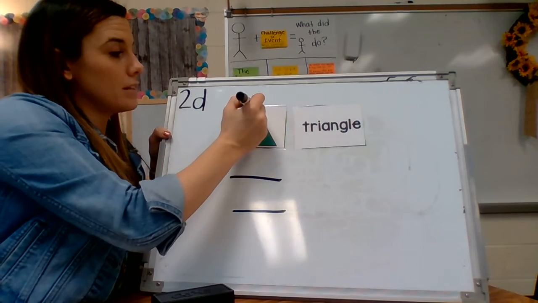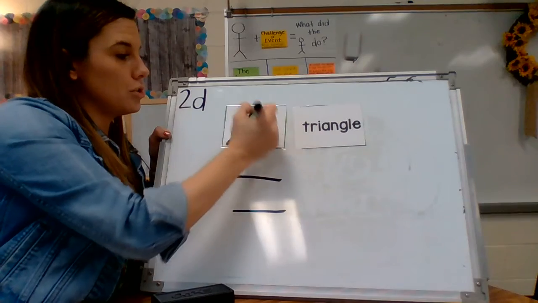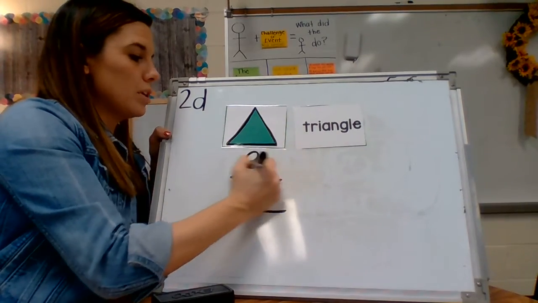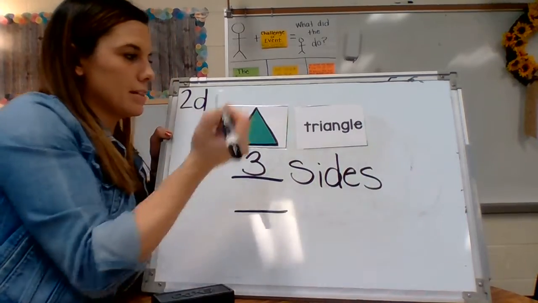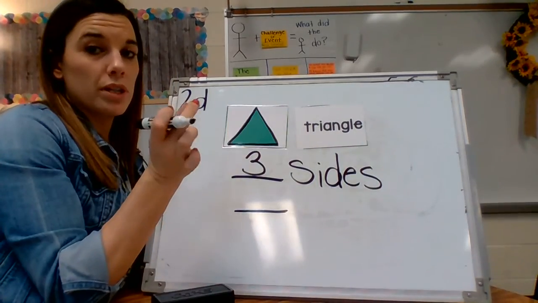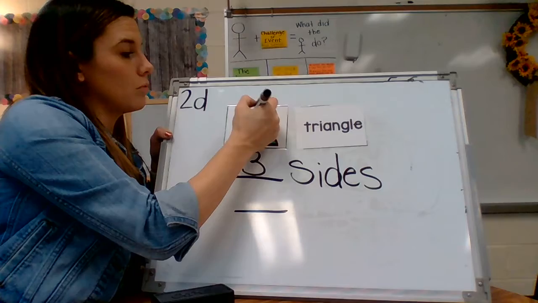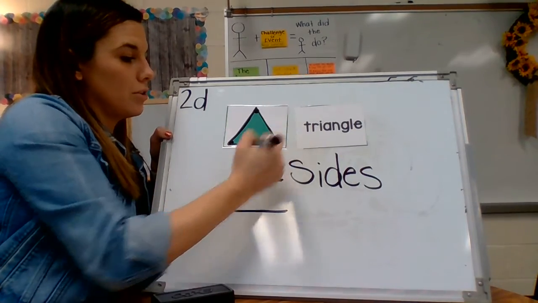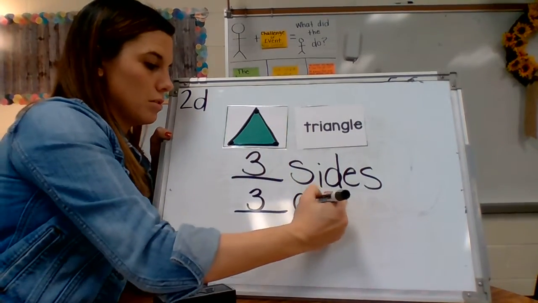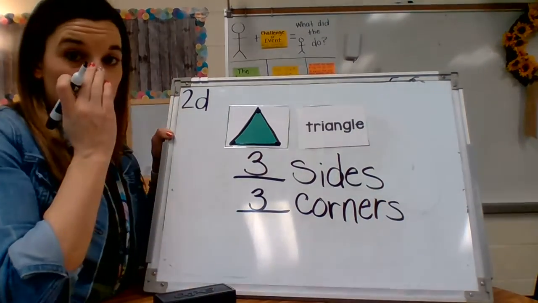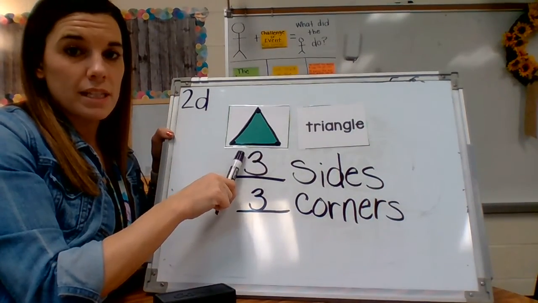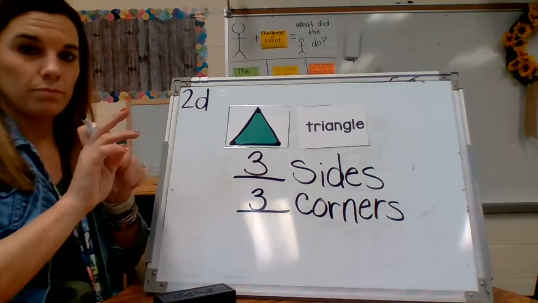Flat sides. 1, 2, 3. 3 sides. Let's count the corners. Remember, a corner is where the sides connect. 1, 2, 3 corners. Okay, so the triangle has 3 sides and 3 corners.